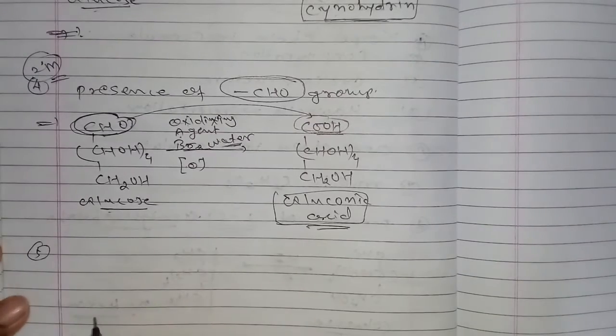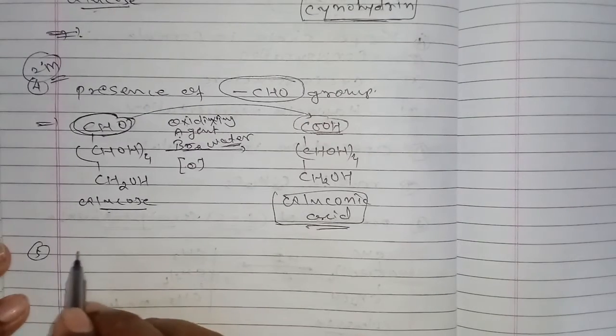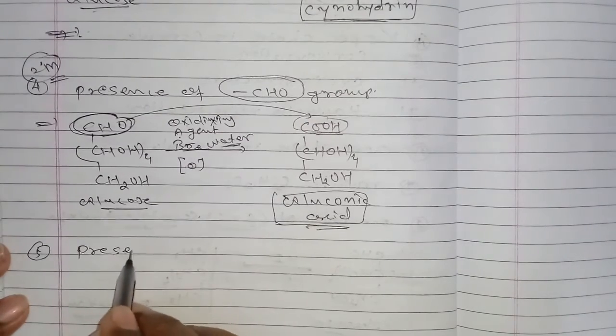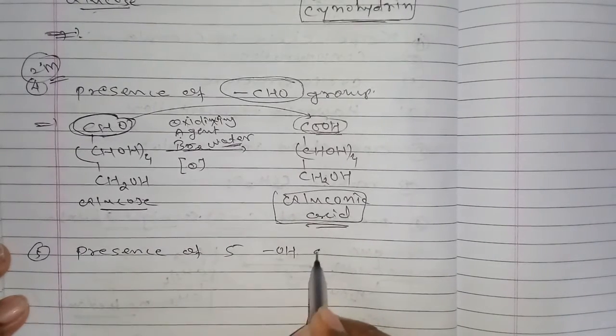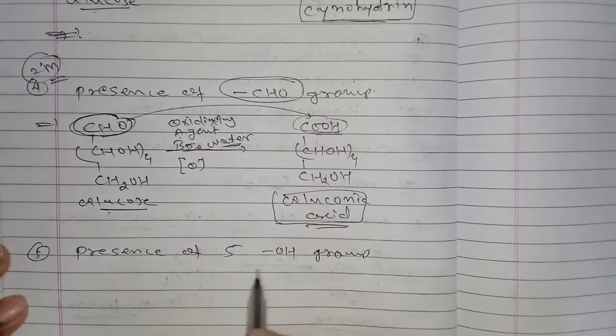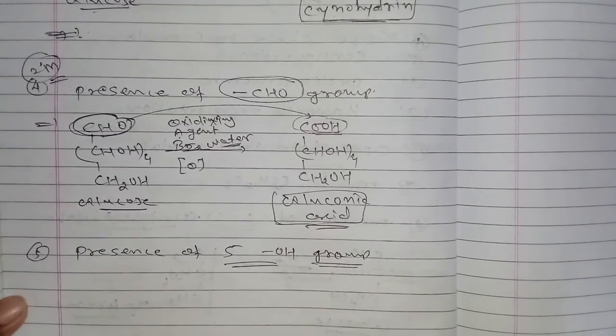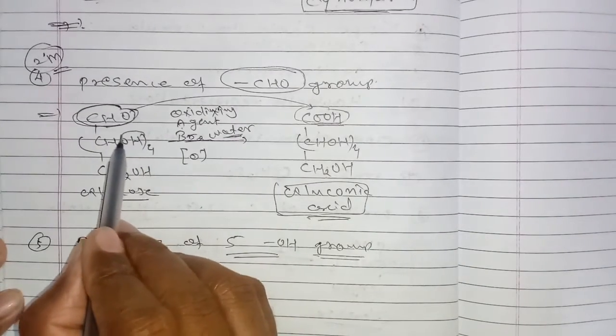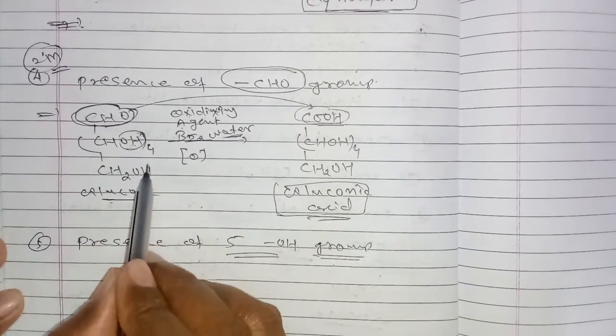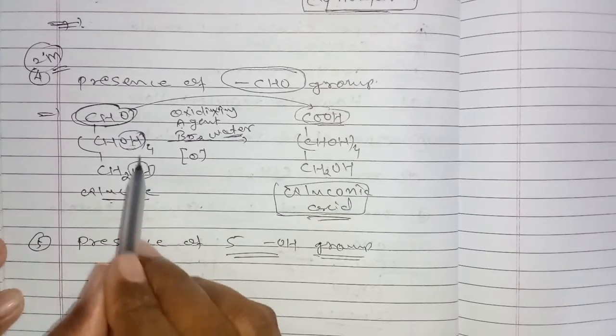Number 5, the presence of 5 OH groups. In the structure, four plus the fifth OH group are present.